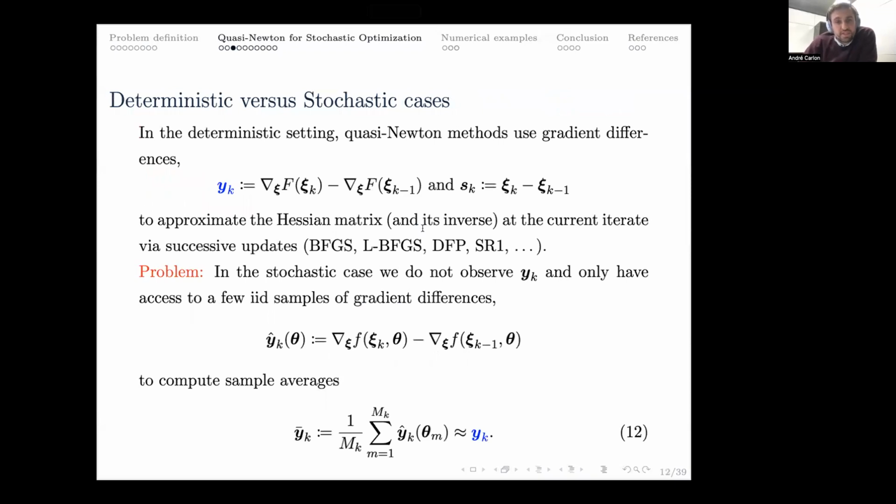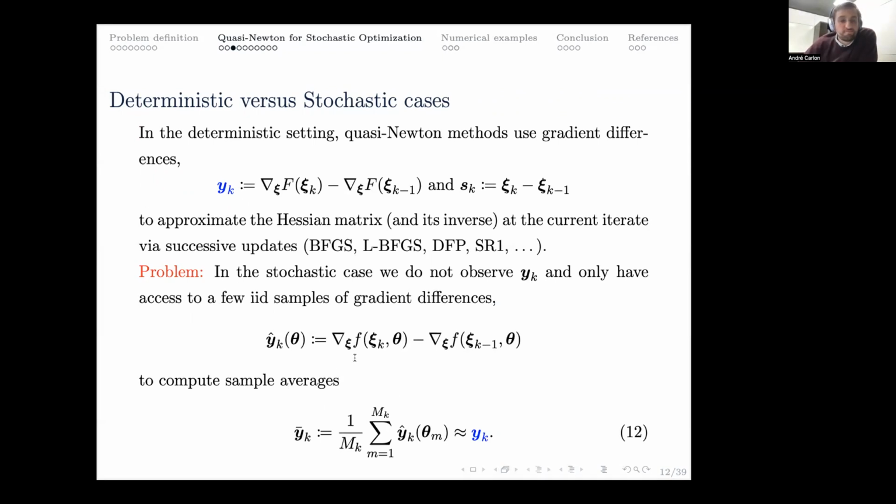So let's lay down some notation here. Before, we have this y_k, the difference of the gradients at subsequent iterates, and the s_k, the difference of the iterates themselves. Now, this is what is used in standard deterministic quasi-Newton methods, but in the stochastic case, we do not have access to these y's.